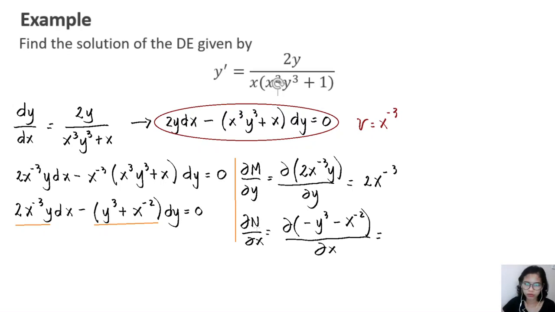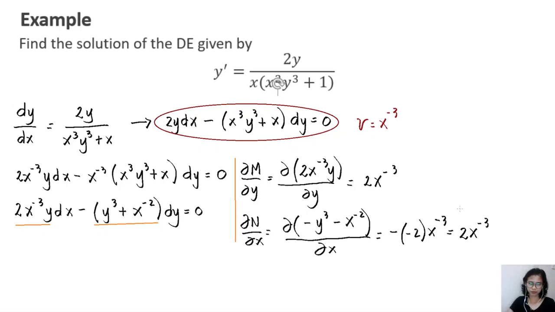So power rule. This would be negative 2 times negative x raised to negative 2 minus 1. Okay, negative 2 minus 1, that would be negative 3, so this is equal to 2x raised to negative 3.